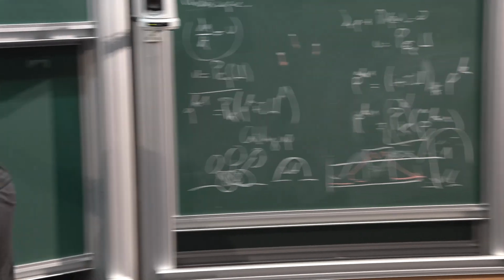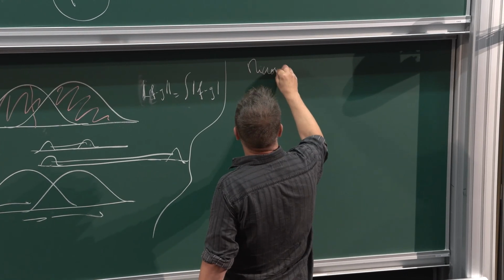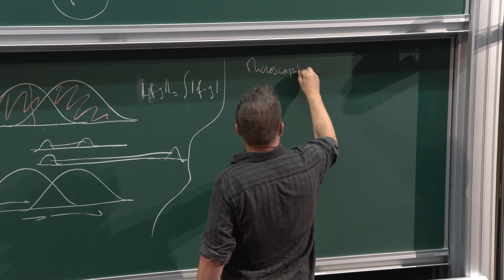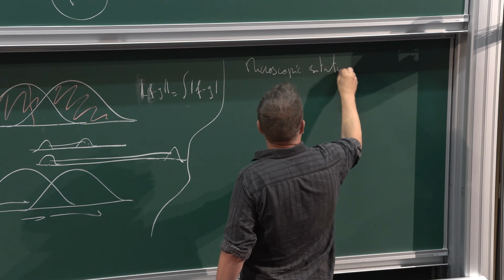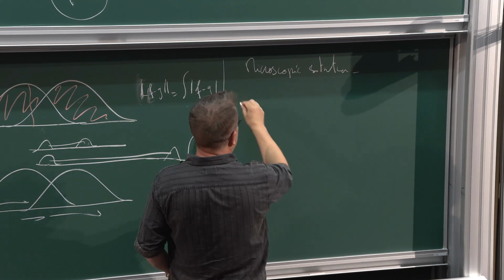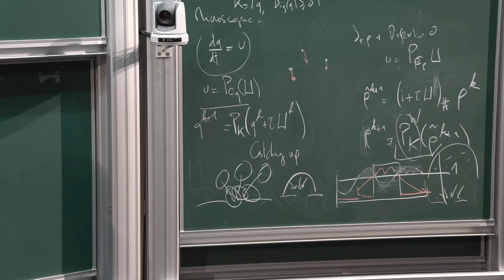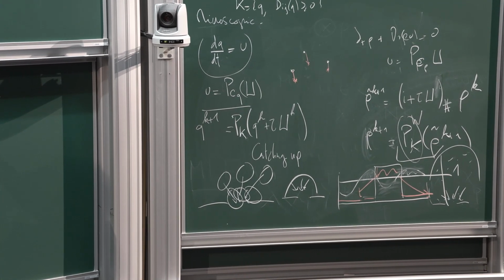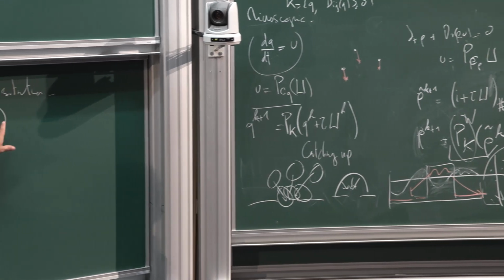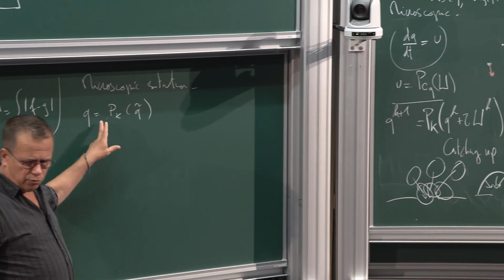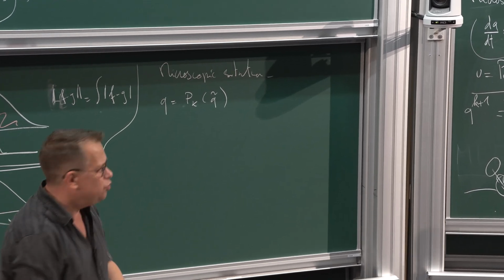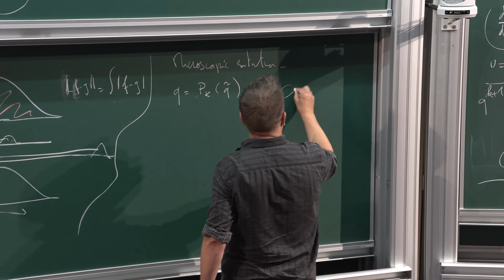Let me get back to the microscopic situation. We had this scheme, which can be written Q equals P_K of Q tilde. We have some Q tilde that violates the constraint. We project it. So the typical situation is this one.